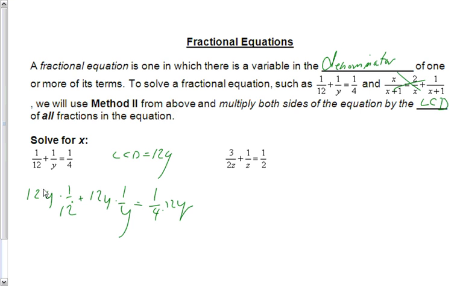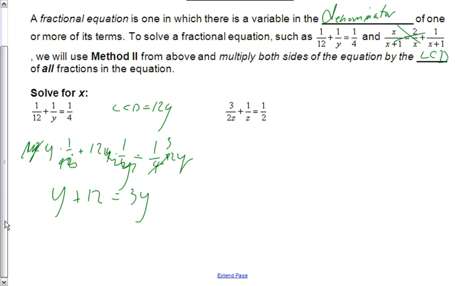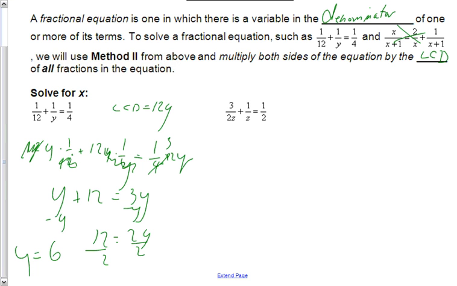If you do it right, there should be no denominators left. The y's cancel, plus 12. This cancels, I'm left with 3 equals 3y. Oops, I mean 12 equals 3y. And then you just got to solve. Subtract y. 12 equals 2y. Divide by 2. y equals 6. Okay? If you check this, it'll work. Notice how we don't have any undefined, because we're going to later run into that problem. You just got to make sure of it.